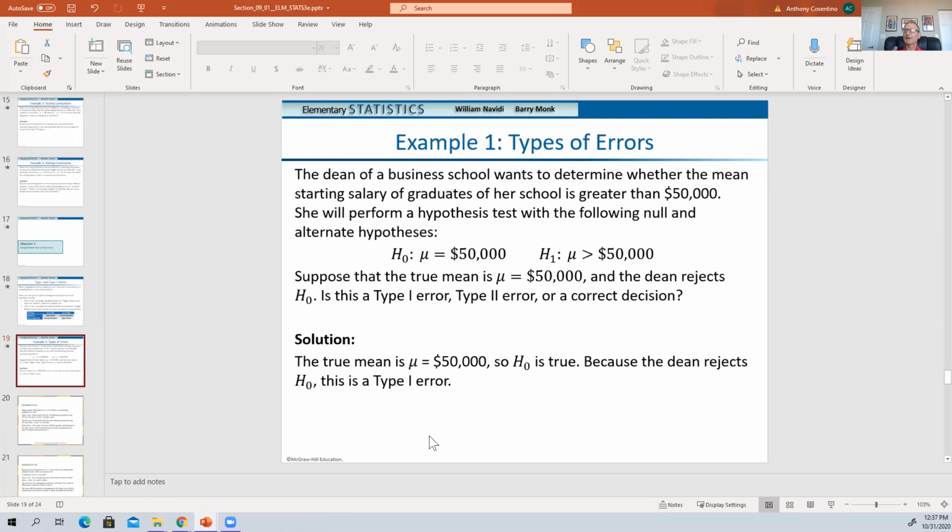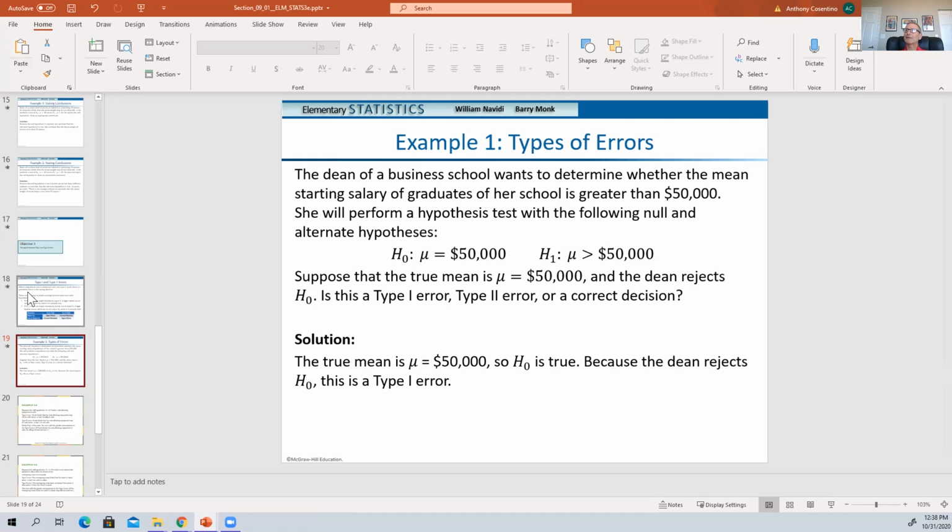Here's one where the dean of a business school wants to determine whether the mean salary of the starting graduate students is greater than 50,000. And so you set the null to equal 50 and the alternative to greater than. And suppose the true mean is 50, and the dean rejects H0.